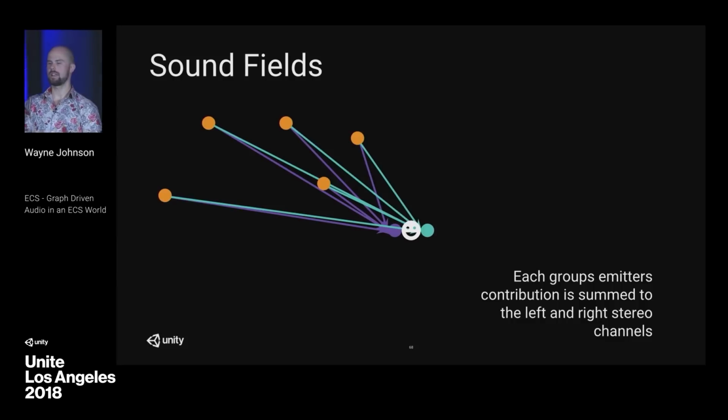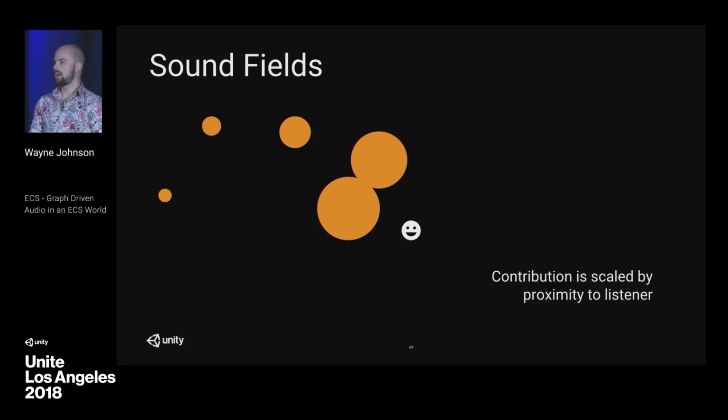Each one of the sound field emitters contributes some amount to the left and right panning of the listener. If all of the sound emitters are in a cluster over here, it will pan nicely over to a group over here. But the contribution from each sound emitter is calculated based on its distance from the listener. You can see as things come closer to the listener, their contribution outweighs those things that are more distant.